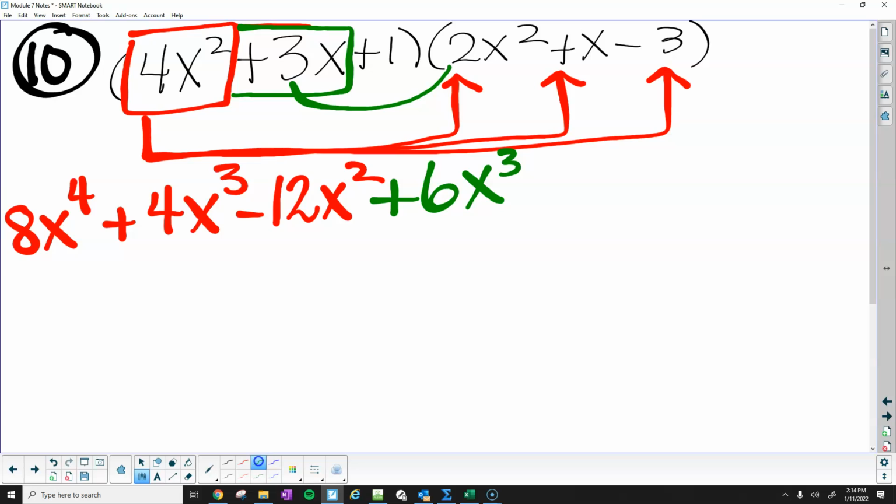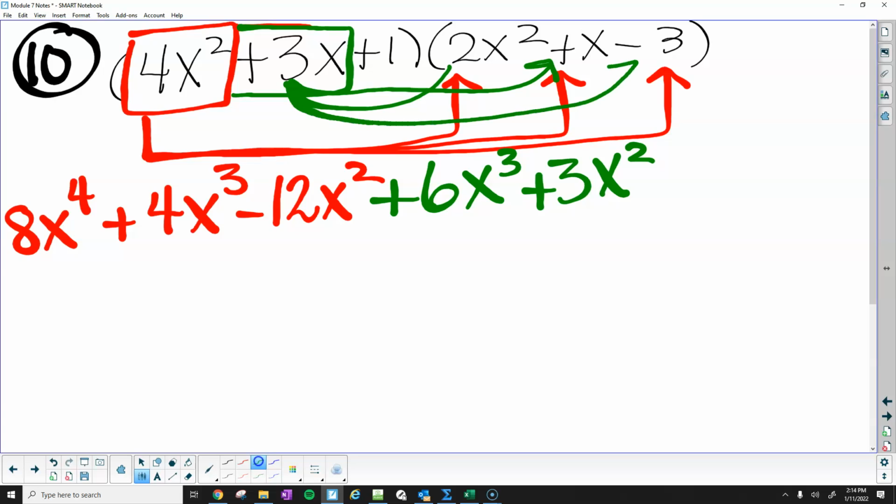That's 6x to the third power. And then 3x times that middle term, that regular x, that's going to turn into 3x squared. And then that negative 3 way down there, that's going to be a negative 9x.